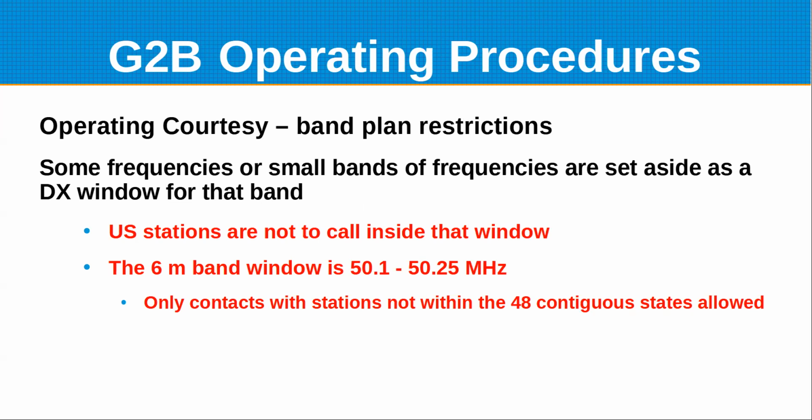One of them on the 6 meter band is the 50.1 to 50.25 megahertz segment, which is reserved for DX, when you're within the contiguous 48 states and you're calling DX, so you want to make contact with somebody in Europe or Africa or Asia.